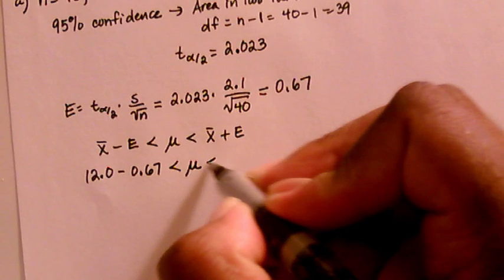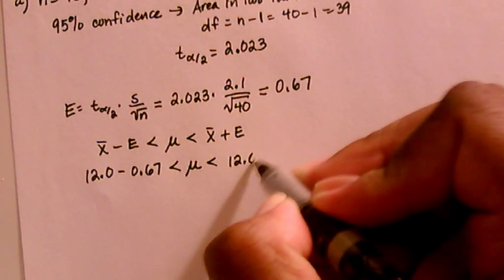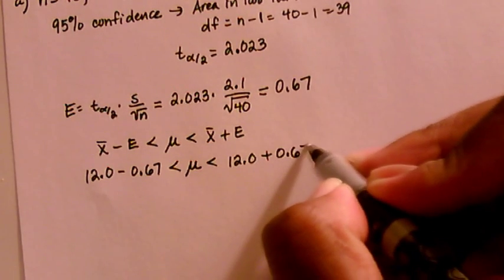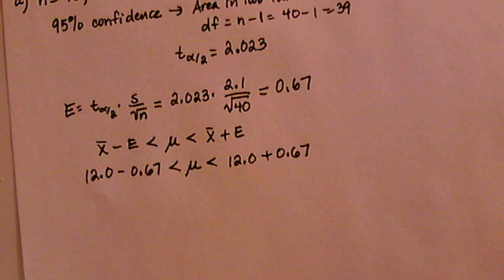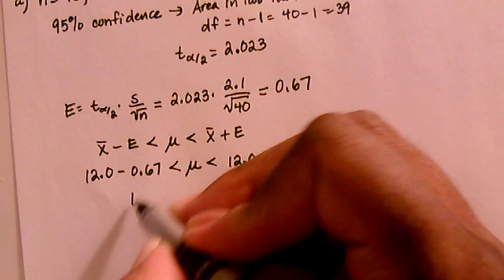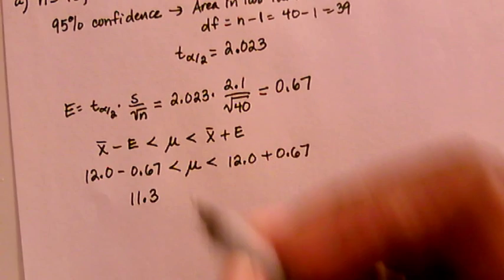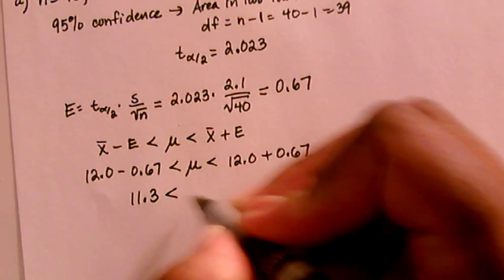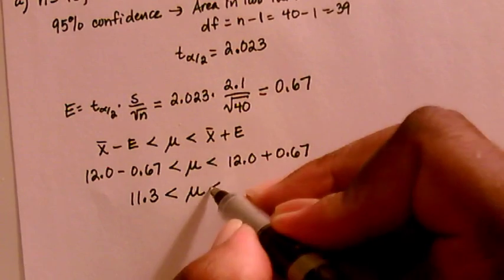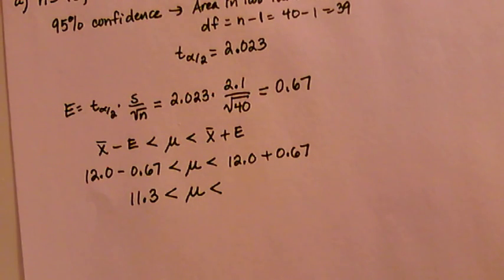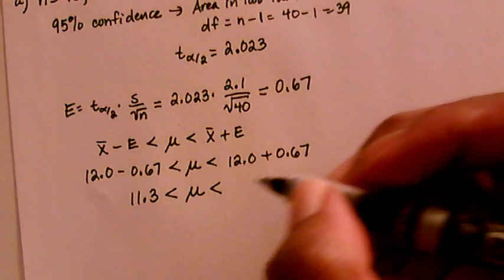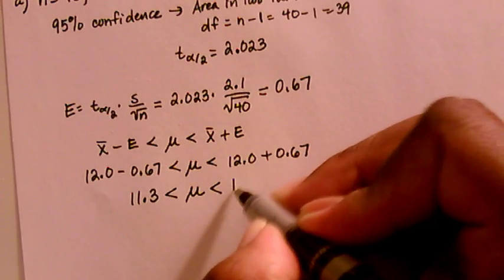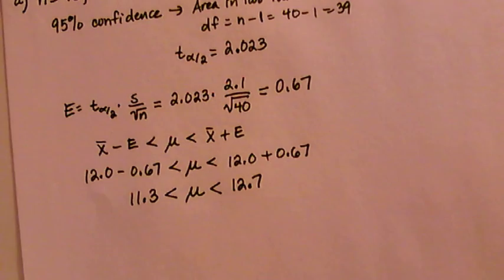That's less than mu, less than 12.0 plus 0.67. Okay, now 12.0 minus 0.67 rounded to 1 decimal place, that's 11.3, because our sample mean is to 1 decimal place. And then less than mu and less than 12.0 plus 0.67 will be 12.7, rounded to 1 decimal place as well.